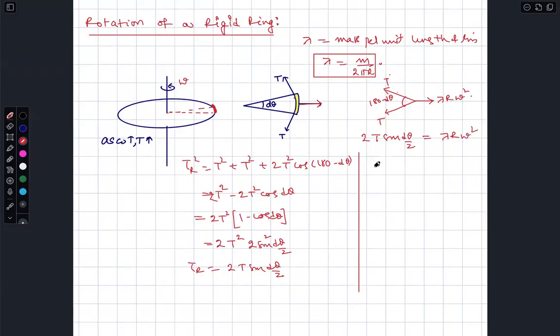When the angle is very small, sin d theta by 2 tends to d theta by 2. So T is lambda, which is m by 2 pi r, times r times omega square.